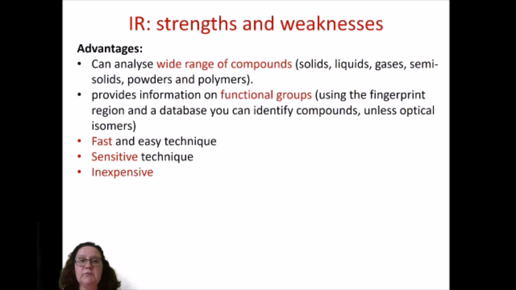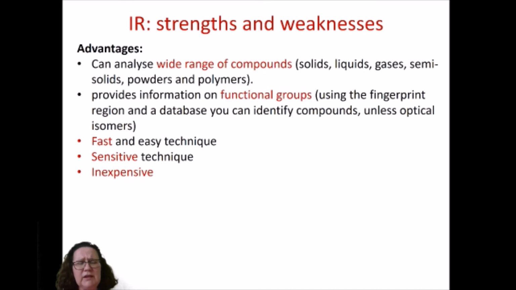So, a little bit about the strengths and weaknesses of infrared spectroscopy. Well, it's a great technique. You can analyze solids, liquids and gases, semi-solids, powders, polymers. You can analyze almost anything using infrared spectroscopy. It gives you information about functional groups, so you can identify the various functional groups in an organic compound.